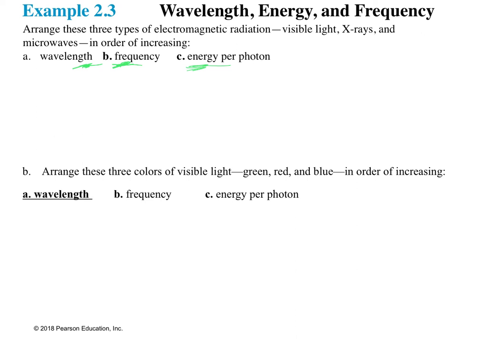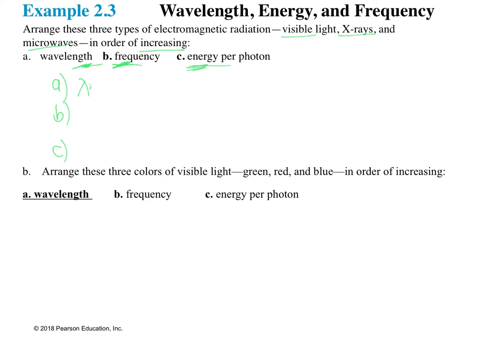So we have visible light, X-ray, and microwaves. Personally, I like to do energy first because I think of energy as danger or caution. We're doing an order of increasing, so from lowest to highest. Who has the lowest amount of energy?